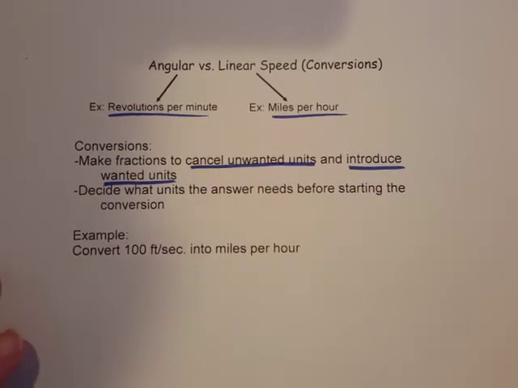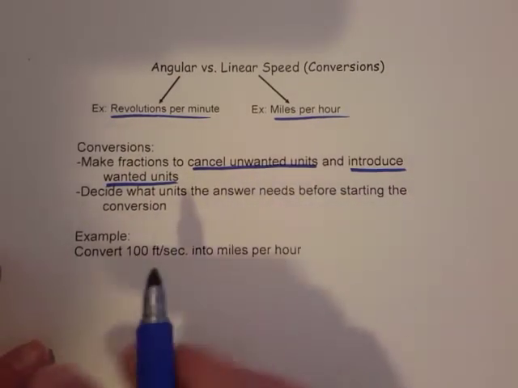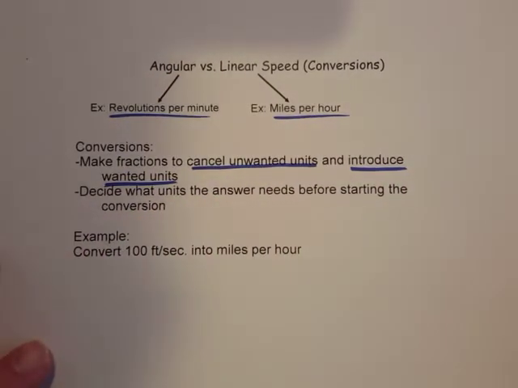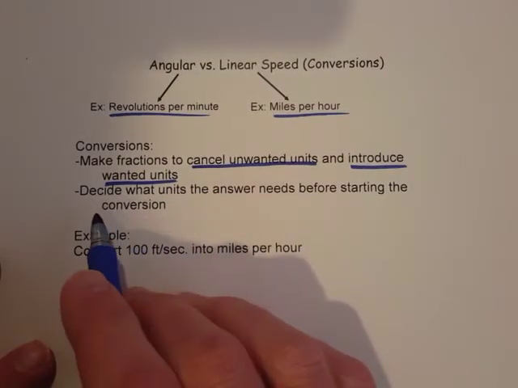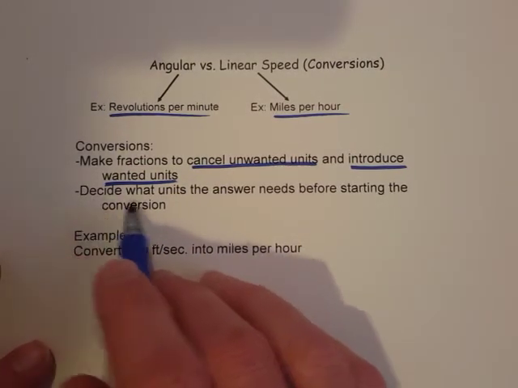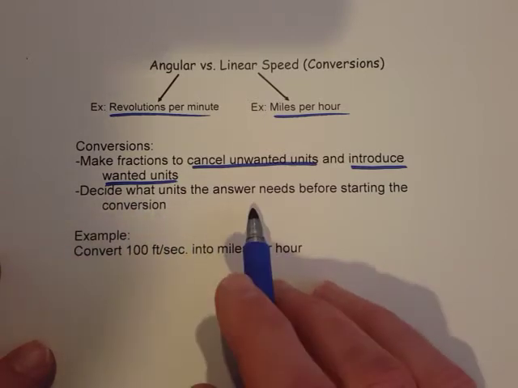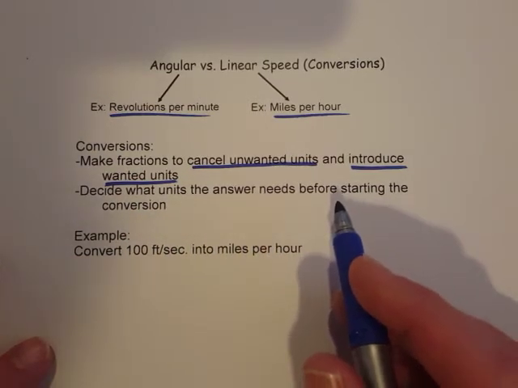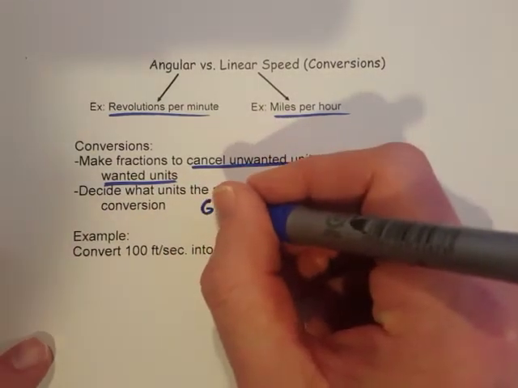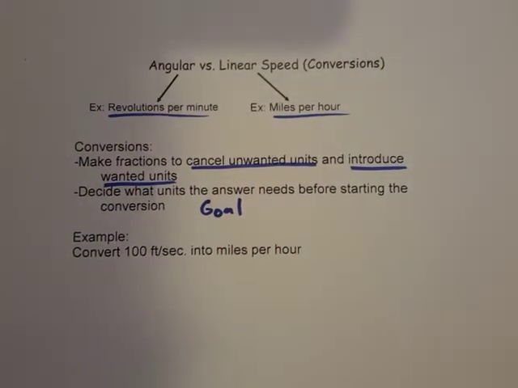It's just once you have it all set up, then you cancel out and then you work with the numbers and you get a final answer. But I would encourage you to set this up all as one big string whenever you're doing these types of problems. Next thing I would mention is decide what units the answer needs to be before starting the conversion. So have a goal in mind for this.